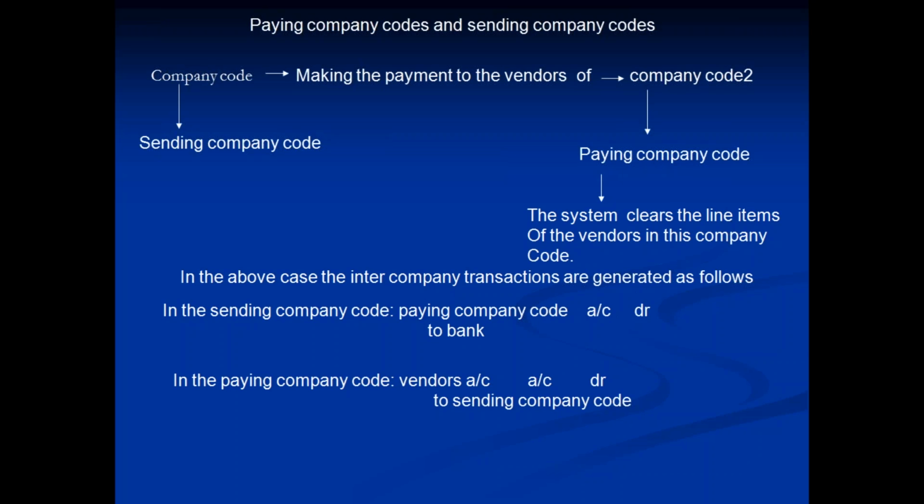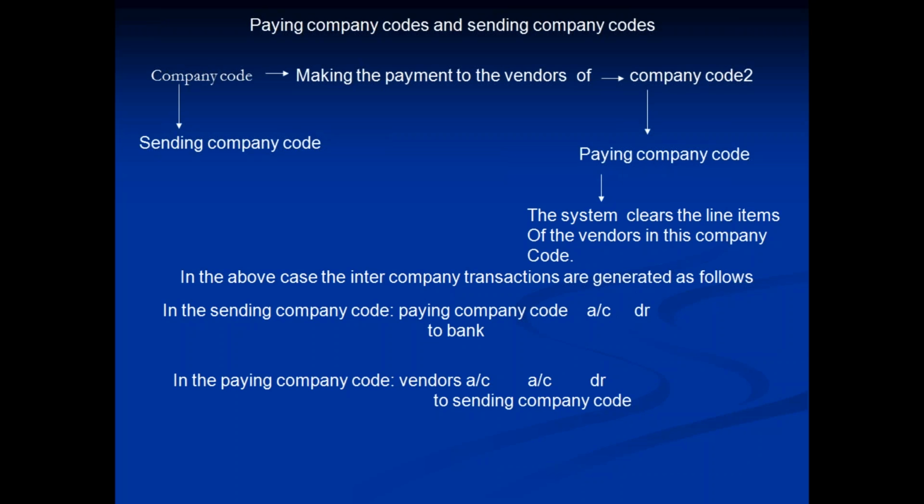For example, if we have 10 company codes, but we have given the job of procuring the material only to one company code, it would procure the material and send it across to the rest of the company codes. Likewise, we give one company code the responsibility to do the payment for all vendors of all company codes.